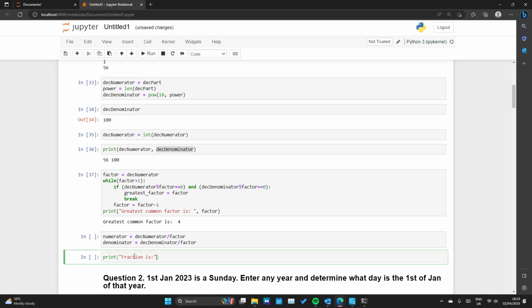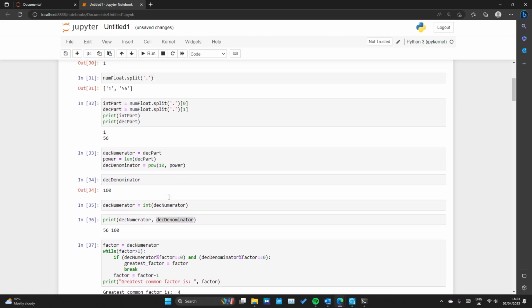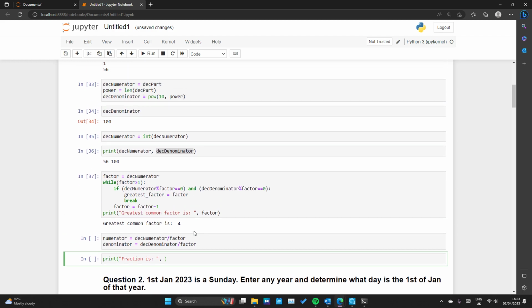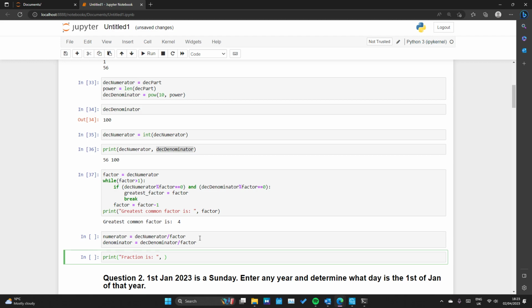So integral part is simply, we can write the int part is there, right? So we can simply write int part and then comma. We may want to give some space, so I'm just gonna put some space here, comma, and then we have the numerator and denominator.